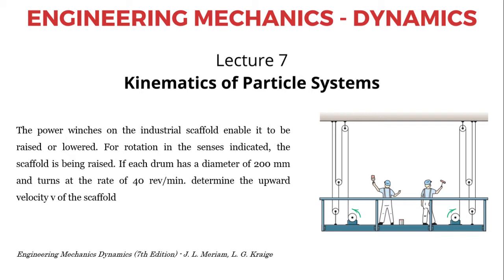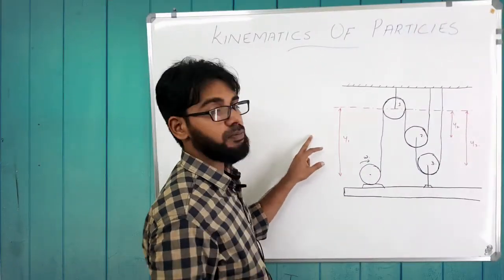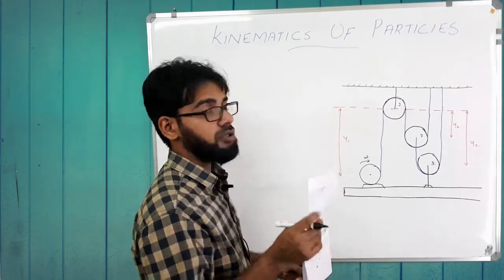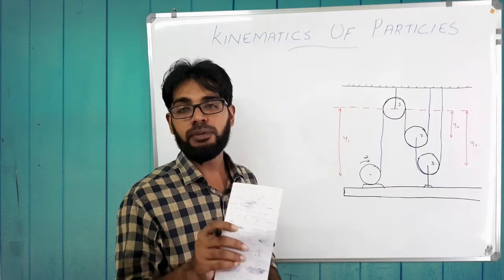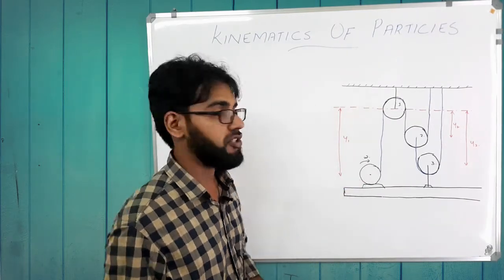Our aim here is to find the velocity of the scaffold when this drum rotates at a rate of 40 revolutions per minute. Here I have shown the corresponding pulley system on the right hand side. Since both these pulley systems are mirror images of one another, analyzing one of them is sufficient.